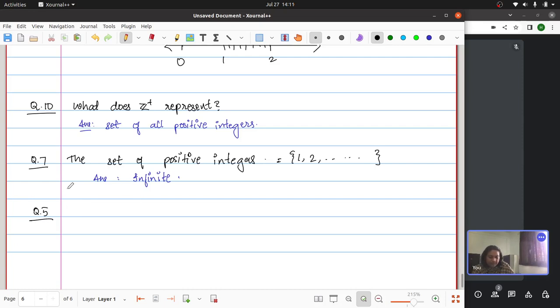So let S be the set, so S is given to be this set, X such that X is a letter in the word Kolkata.